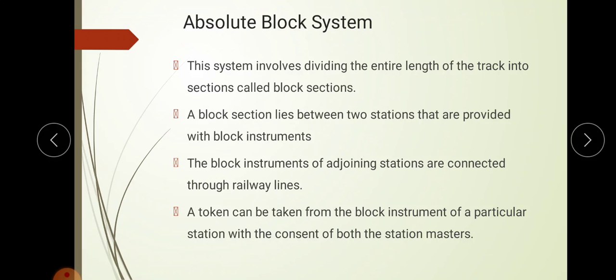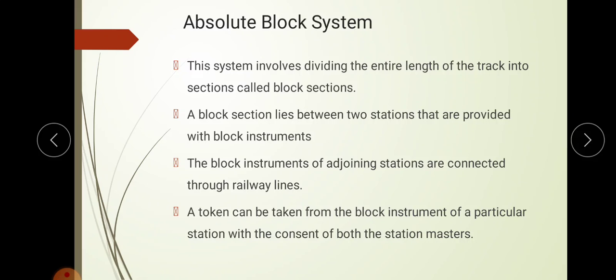The block instruments of adjoining stations are connected through railway lines, and there will be communication between the station masters of adjacent railway stations. A token can be taken from the block instrument of a particular station with the consent of both station masters.